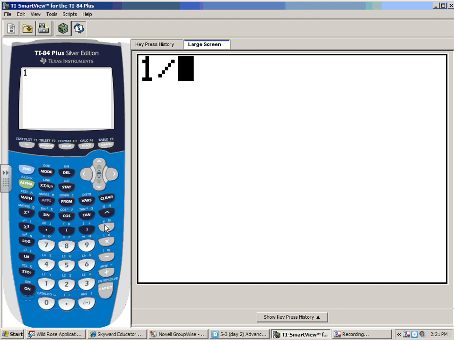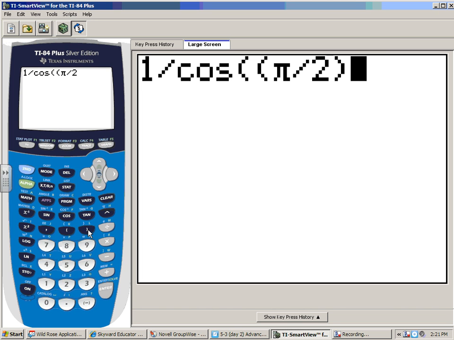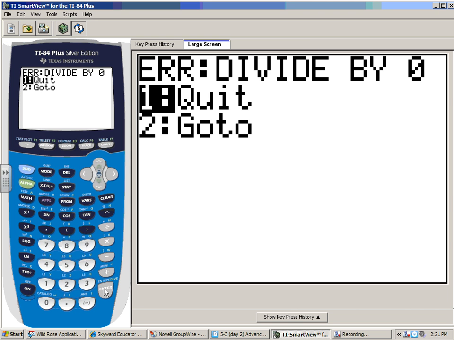1 divided by, what is it, cosine of pi over 2? And I have an extra parenthesis. Cosine of pi divided by 2 is 0. Yep, divide by 0.